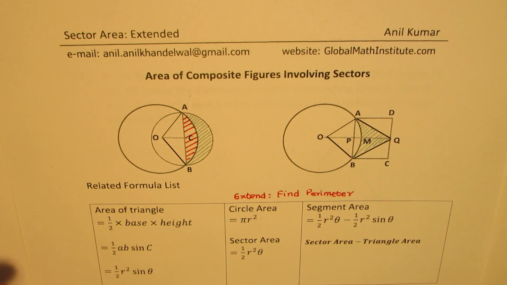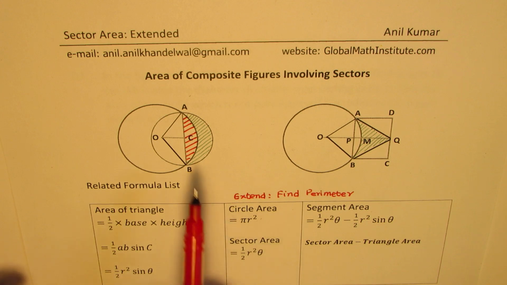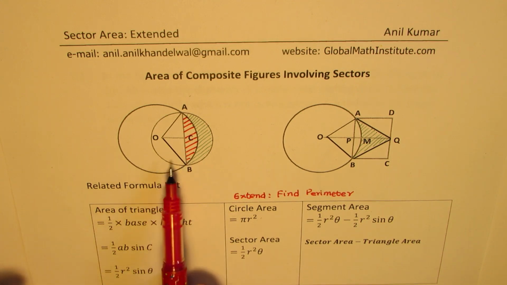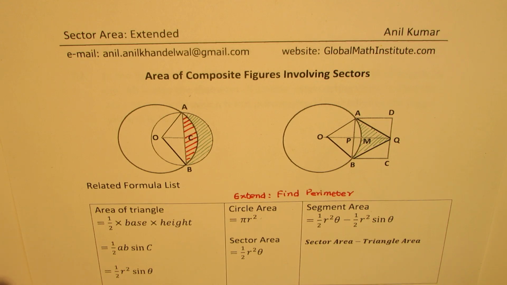Anyway, those are the variety of questions which you have on this topic. We'll also not calculate the segment area. That will be part of another video. But you could always use the formula mentioned here and extend these questions to cover those things also, right?